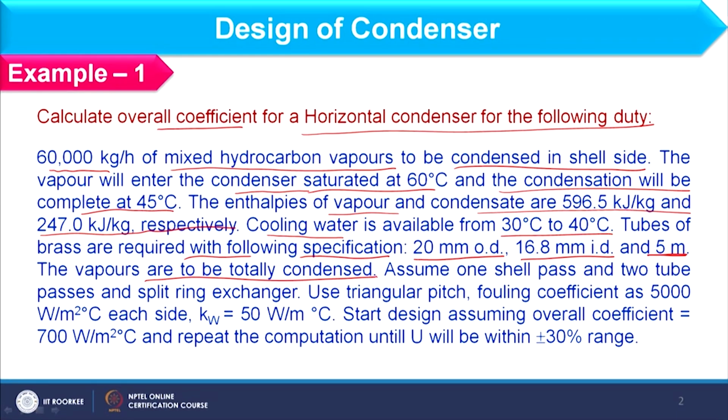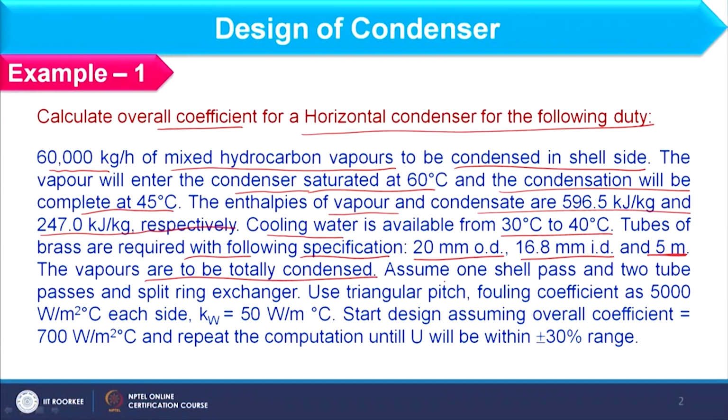So, we have to consider total condensation, for which we have discussed design in previous lectures. Okay. So, here we have to assume one shell pass and two tube passes with split ring exchanger. So, type of heat exchanger, number of passes, all these are given to you.